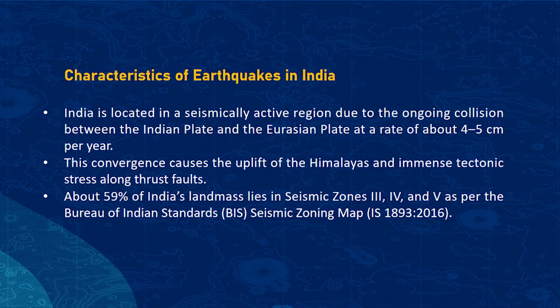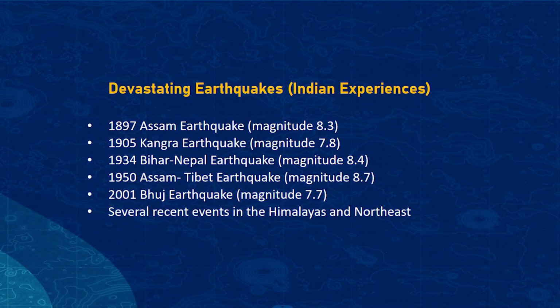As per the Bureau of Indian Standards, that is BIS, seismic zoning map IS 1893:2016. India has experienced many devastating earthquakes, including the 1897 Assam earthquake of magnitude 8.3, the 1905 Kangra earthquake of magnitude 7.8, the 1934 Bihar-Nepal earthquake of magnitude 8.4, the 1950 Assam-Tibet earthquake of magnitude 8.7, the 2001 Bhuj earthquake of magnitude 7.7, and several recent events in the Himalayas and Northeast.